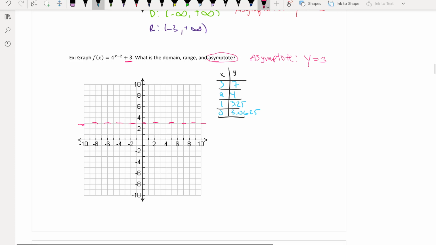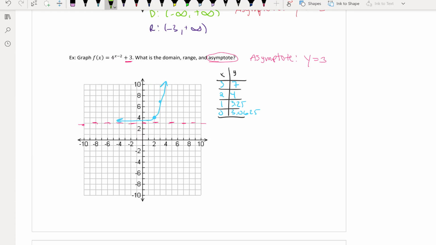Now when I plot these points, I'm going to have 3, 7. I have 2, 4, and 1 and 3.25, so that's about here. So that's what my graph more or less looks like.